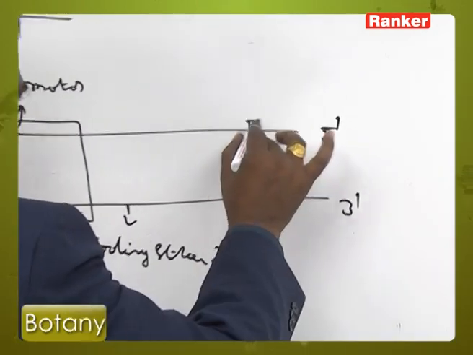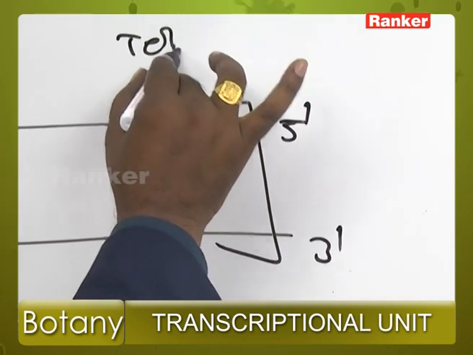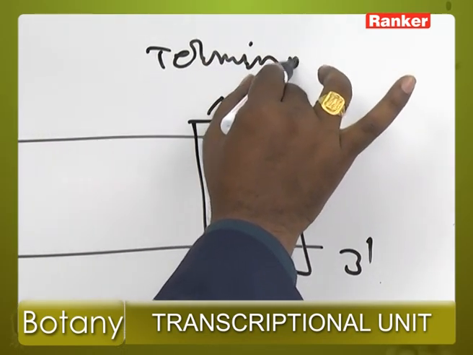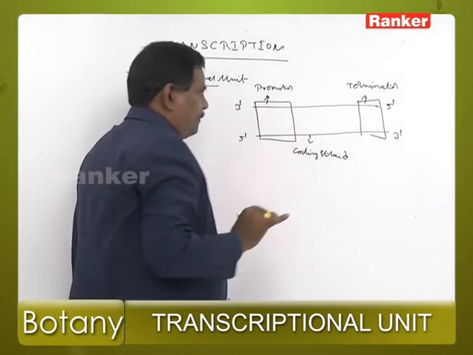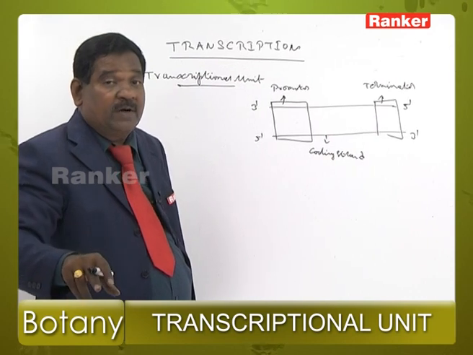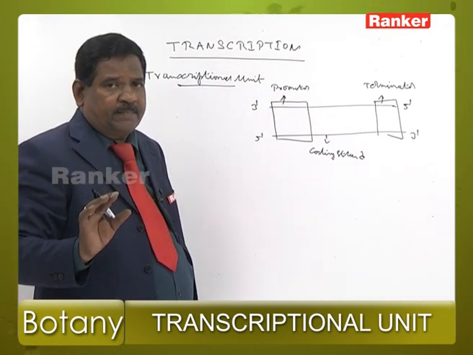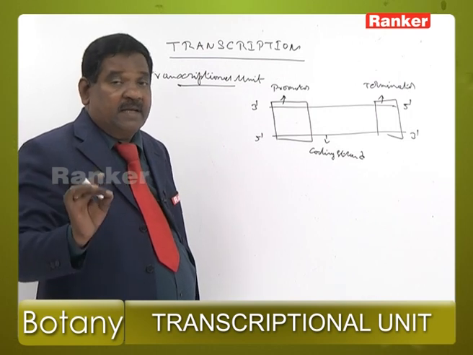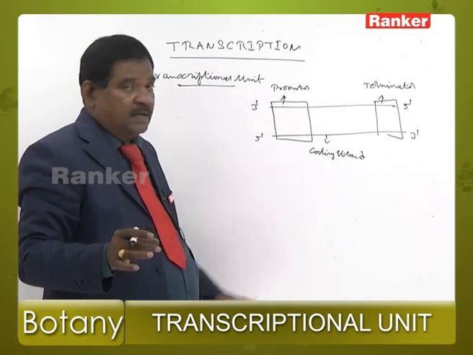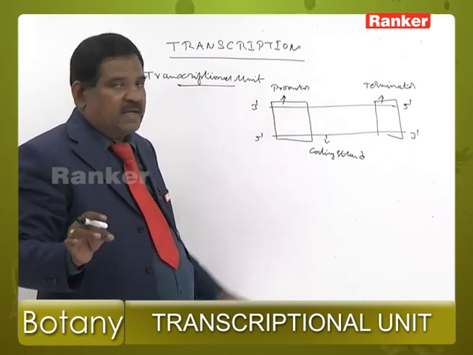Terminator is present at the 3' end of the coding strand. No need to say coding strand, just 3' end. The 3' end means the 3' end of the coding strand. So, position of the promoter is the 5' end, position of the terminator is the 3' end.